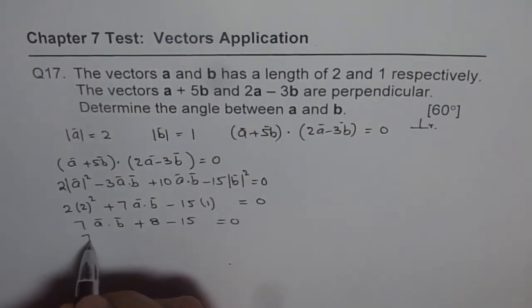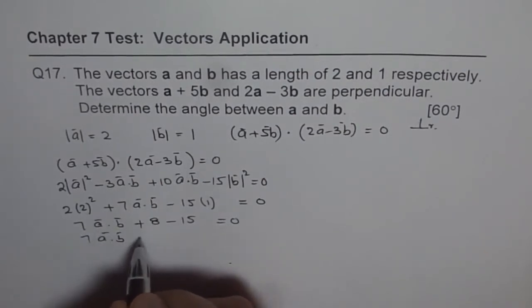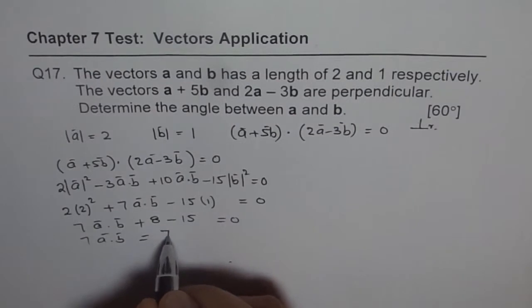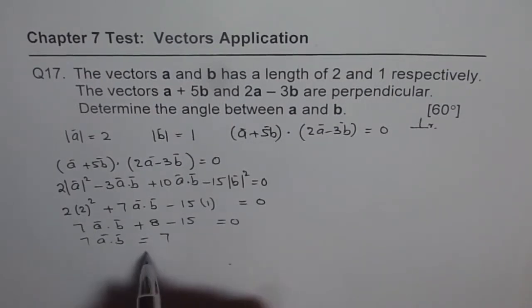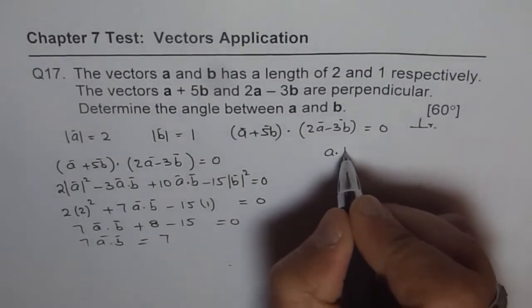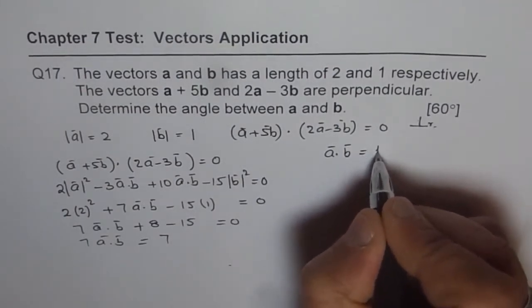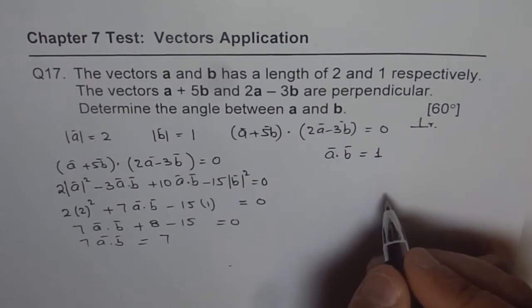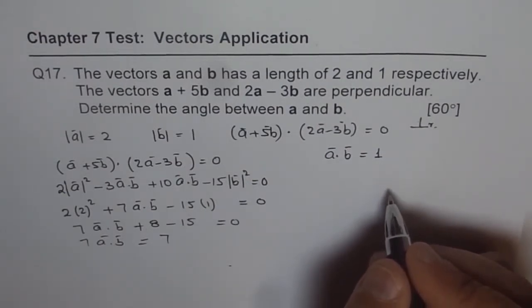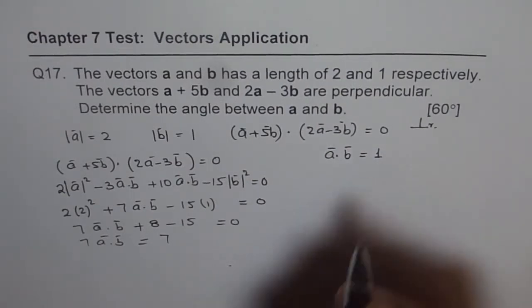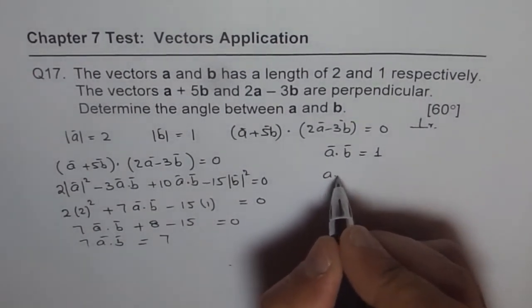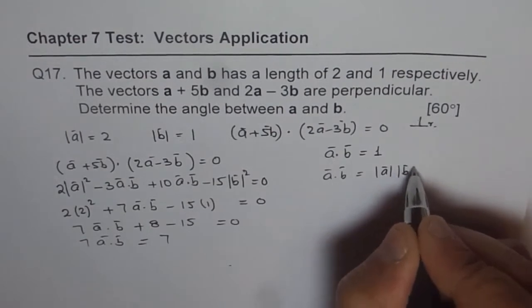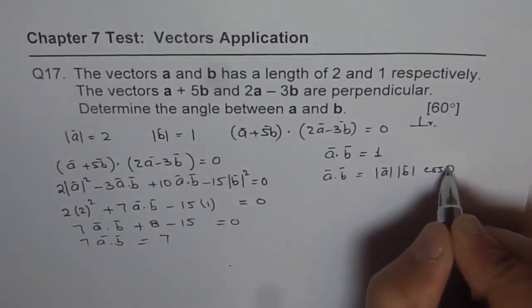And then we get 7 A dot B plus 8 minus 15, which is minus 7. Taking it to the other side, I get plus 7, right? So from here we get A dot B is equal to 1. Now if A dot B equals 1, we also know A dot B equals magnitude of A times magnitude of B times cos of the angle between them.